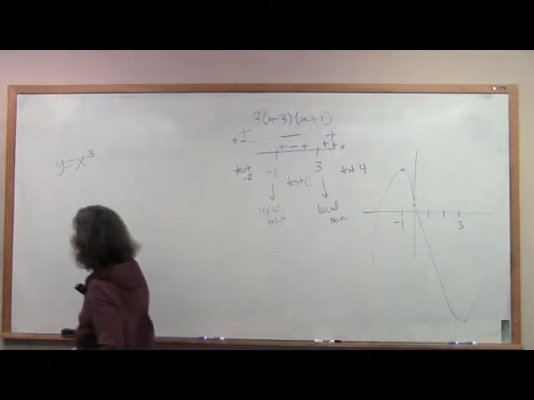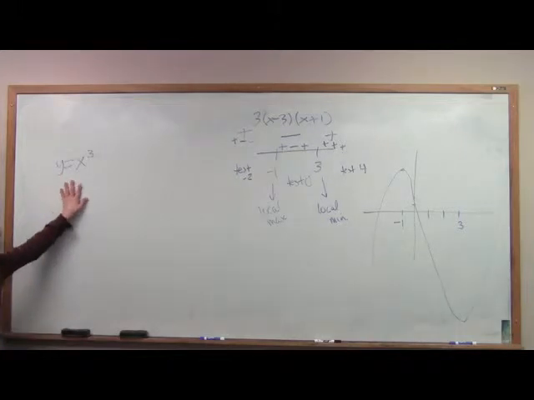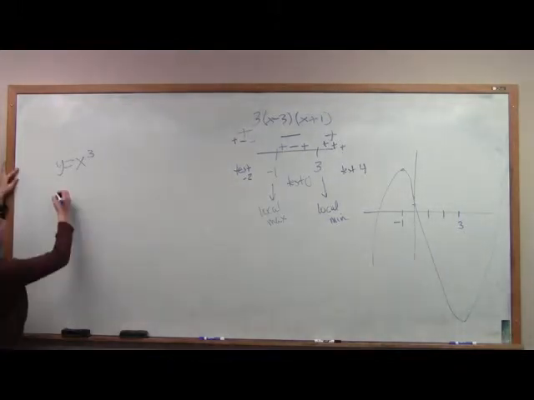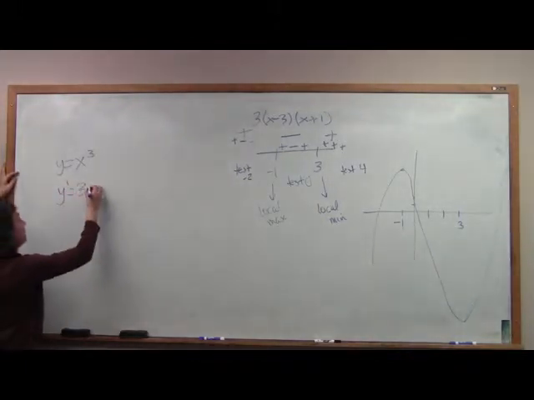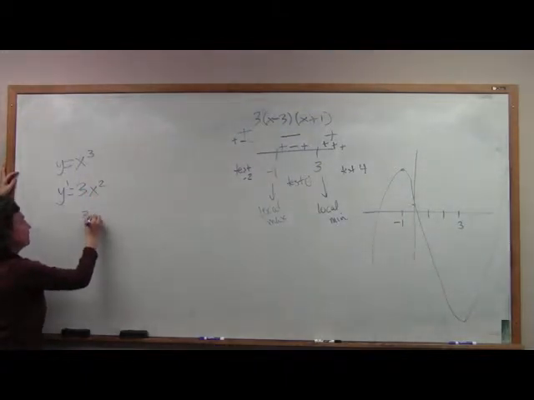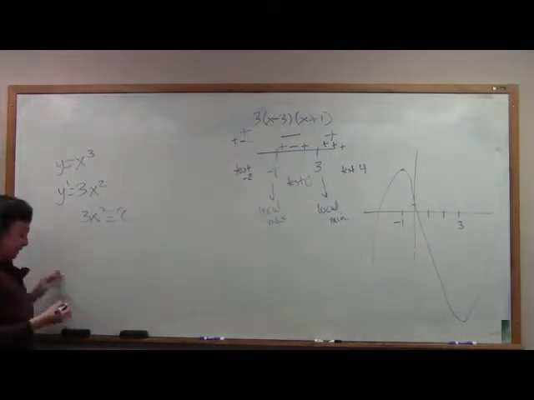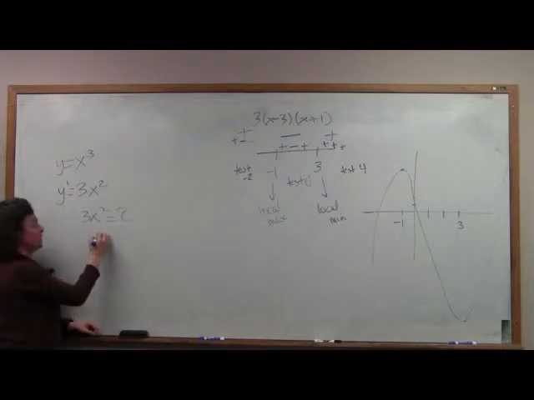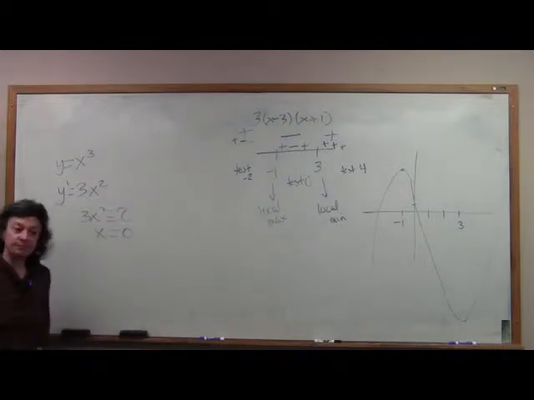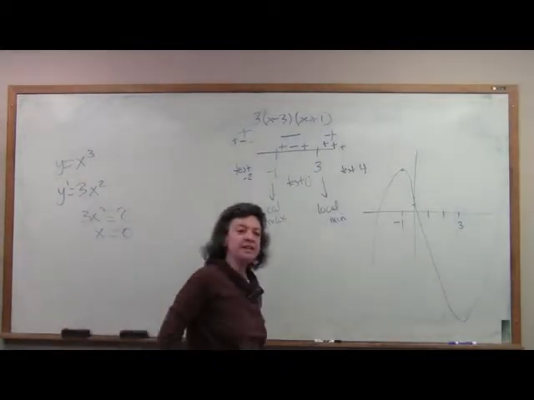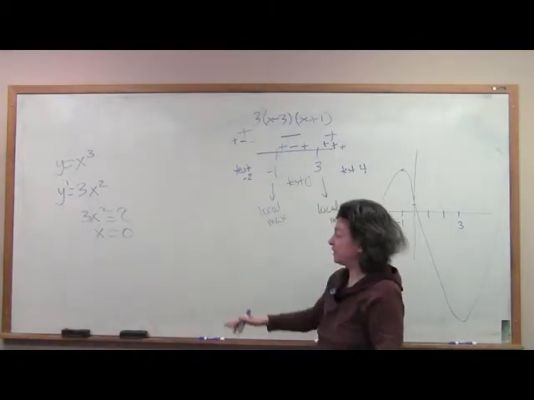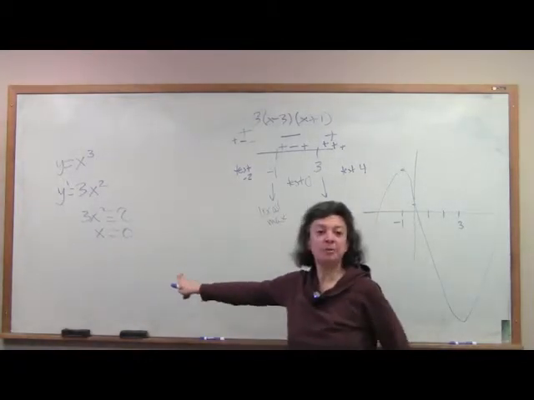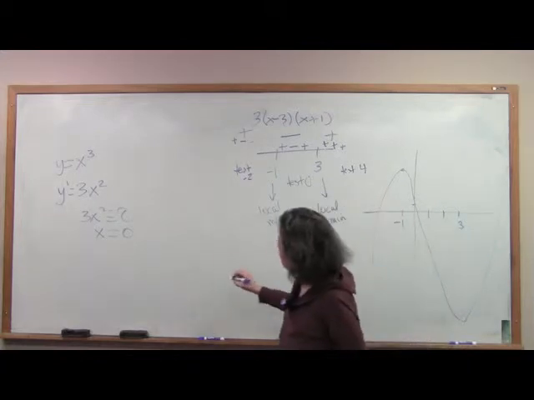Okay, so if I asked us to find the critical points and characterize them, what we would do is we would take our first derivative, we would set them equal to 0, and we'd say, oh, x equals 0.